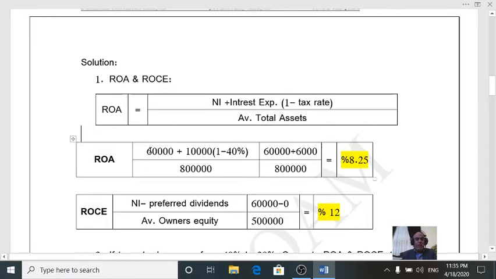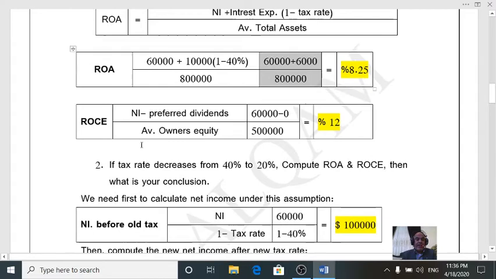Now you will put in the numbers: 60,000 net income plus 10,000 interest expense multiplied by one minus tax rate, over average total assets. You will find that return on assets will be 8.25%. Remember this number.